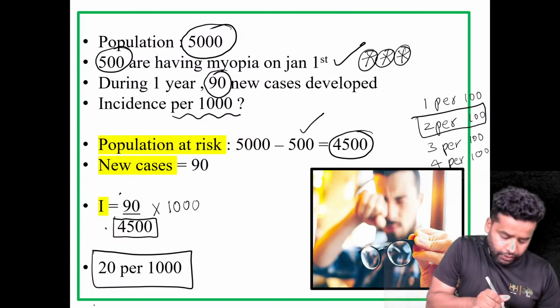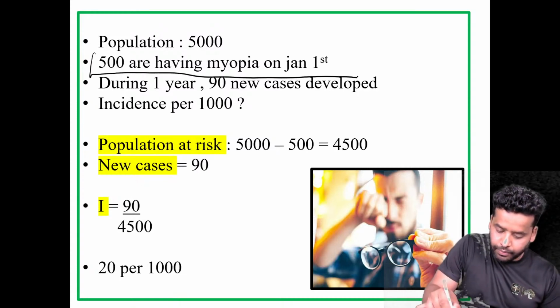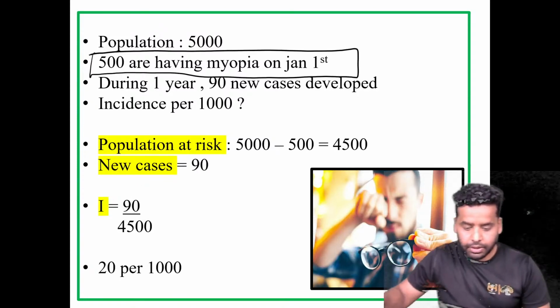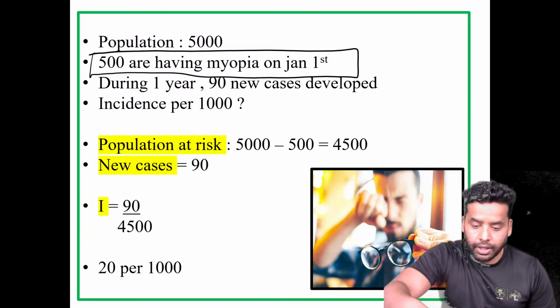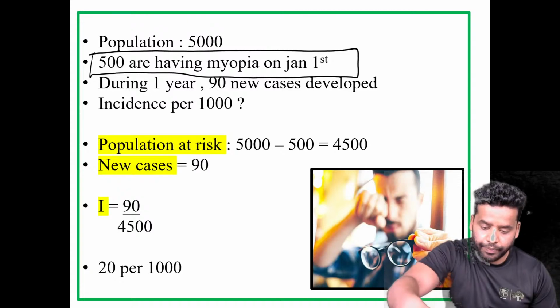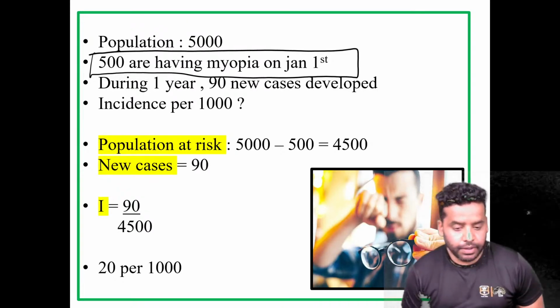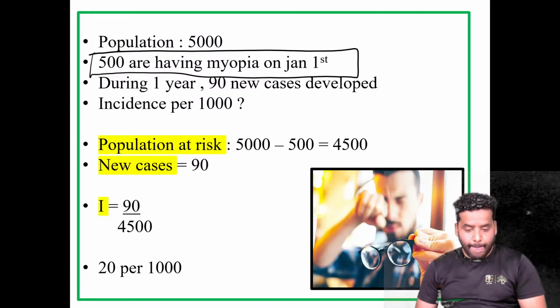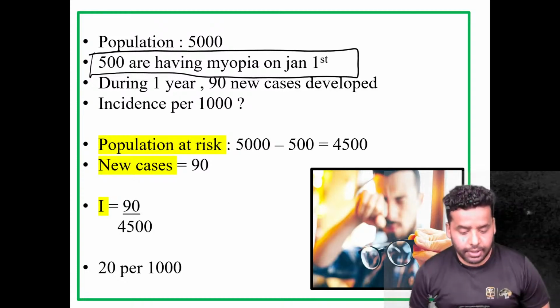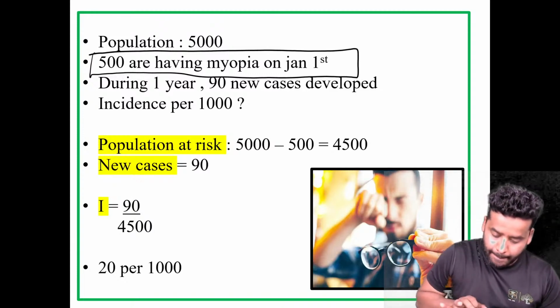So I want everyone to type the answer for this question and highlight this. 500 are already having disease, that is why we need to subtract. This is question number 1: how to calculate incidence. The denominator is population at risk.